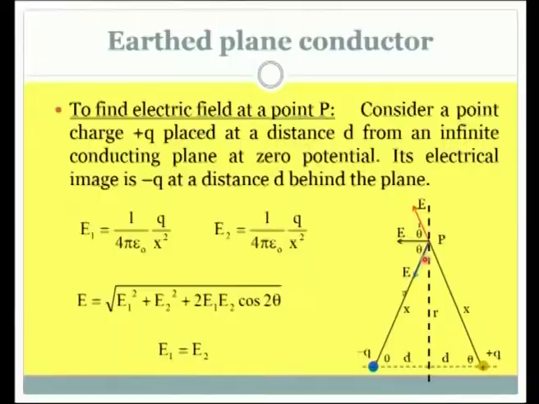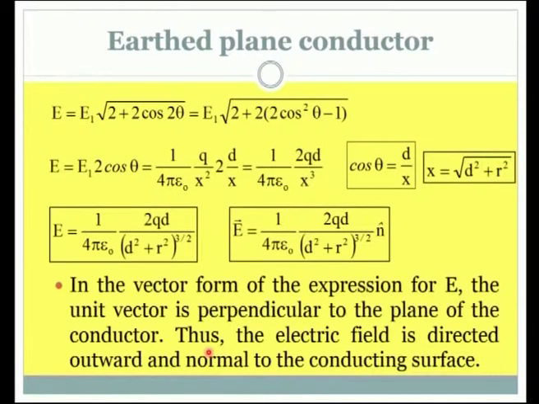We are just using the parallelogram law of addition, so the same answer we will get. See, this is how it is done. We have taken the parallelogram law to find the resultant of E1 and E2. E1 and E2 are equal in magnitude, so we do the calculations at ease.